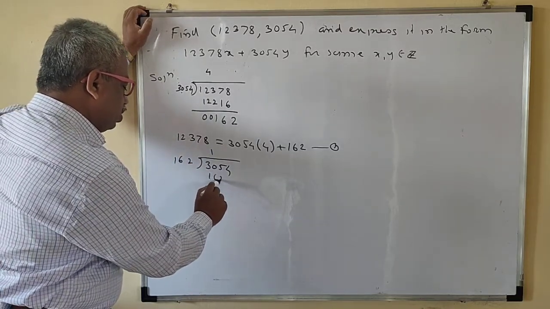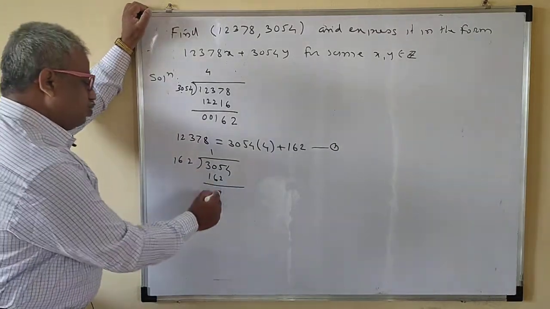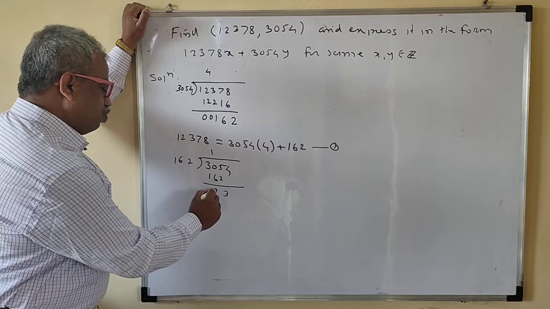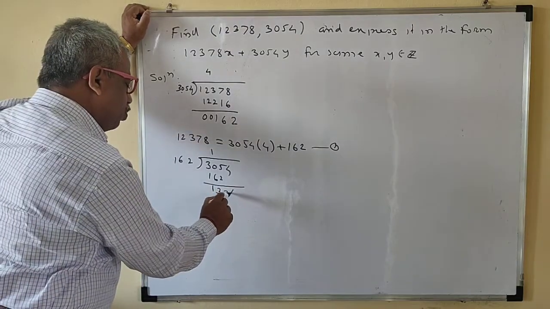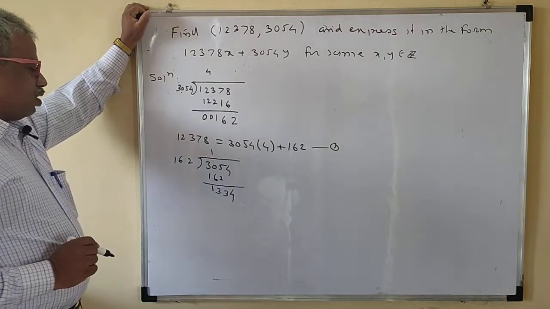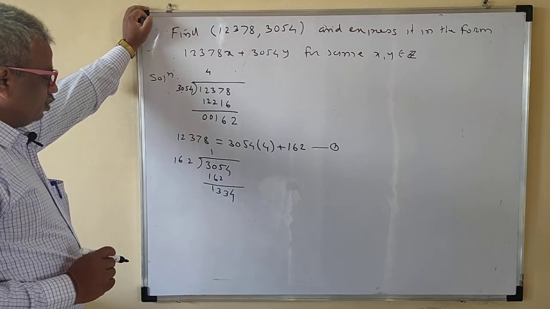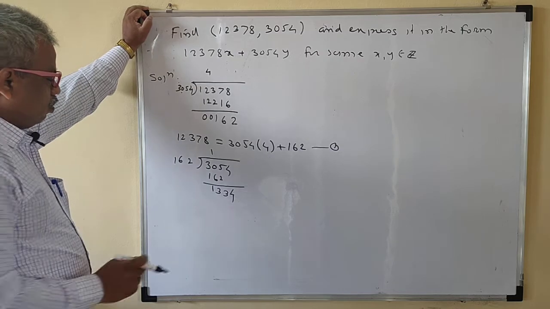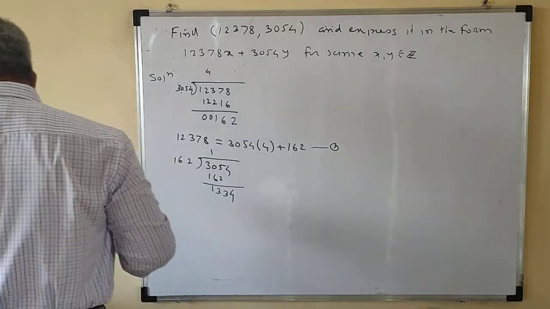So this is 162, then this is 3, then this is 3, then this is 1, this is 133. You have to take the 4 now here. Next, 133. Yes, 133 is less than this. Okay, so now next what you have to do?